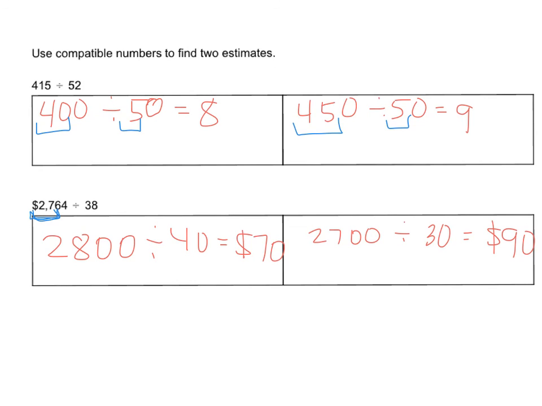Now, one way that you can check to make sure that you have enough zeros, sometimes that's a little bit tricky. I always think about it as the multiplication problem after the fact, so I kind of go backwards.